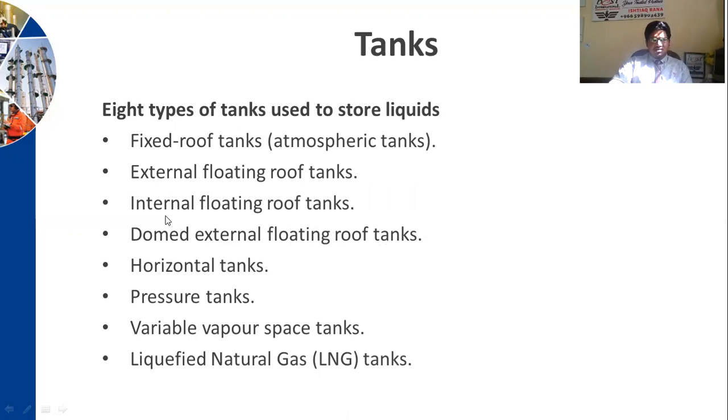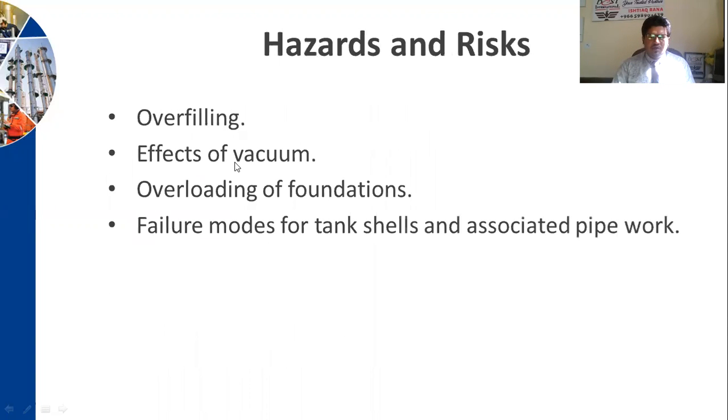These are the 8 types of tanks we are using for storing liquids. Now, hazards and risk. Overfilling, number 1, has the effects of vacuum, overloading of foundation, and failure modes for tank shells and associated pipe work. That would be another.